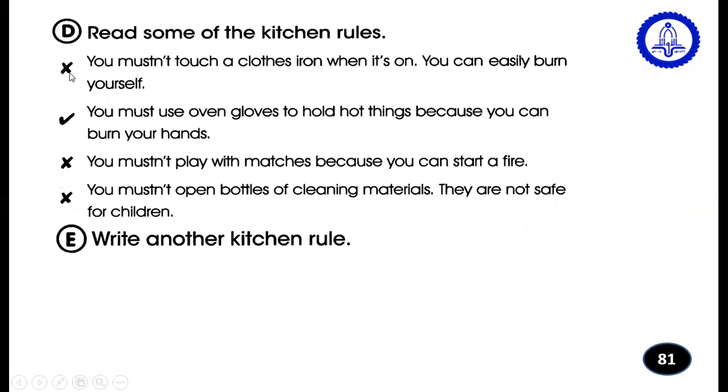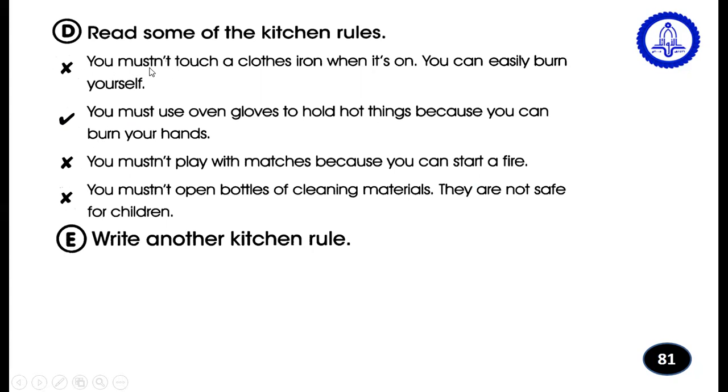The sign cross here means we should use mustn't in the sentence, while the tick means we should use must. اللي صح العلامة صح تعني يجب أن نستعمل must، أما العلامة خطأ فتعني يجب أن نستعمل mustn't.